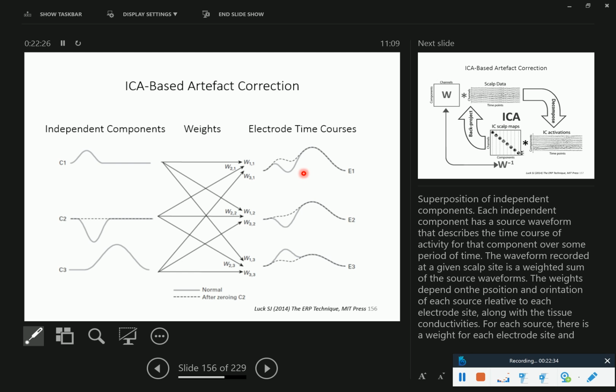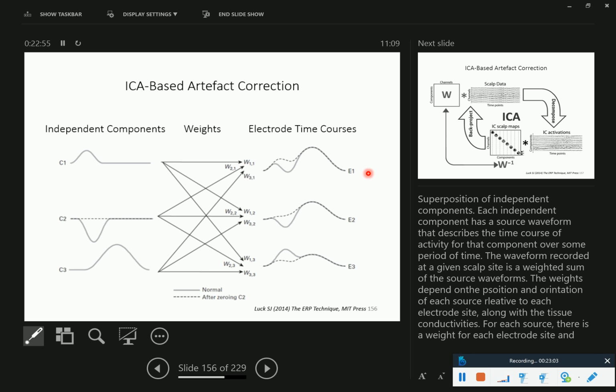And then you would get what you see here in these dashed lines. Essentially, the dashed lines are a little bit higher here because this negative contribution of component C2 does not enter the mix for each of these electrodes anymore. So that's the general idea, without formulas, of independent components, their weights, and the resulting electrode time courses.